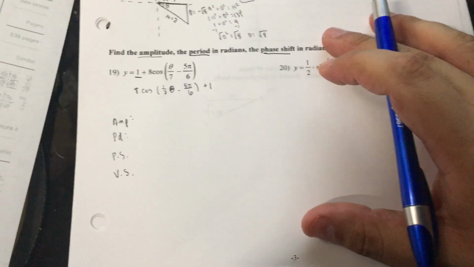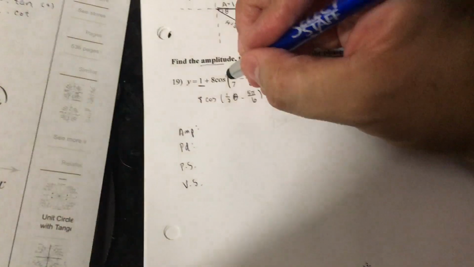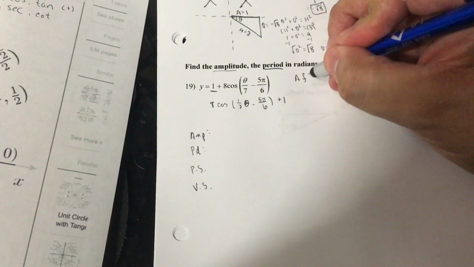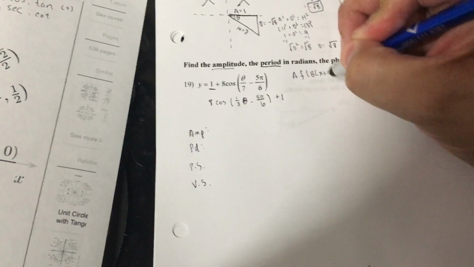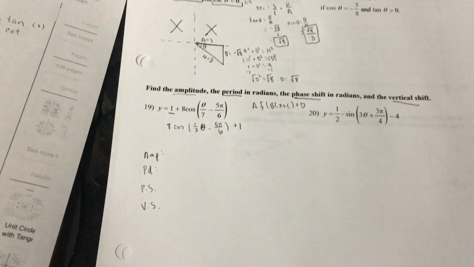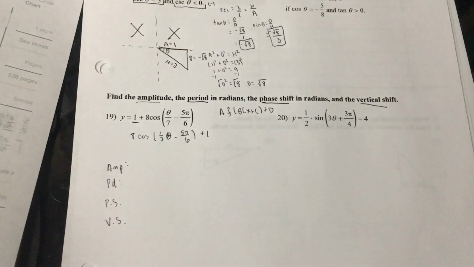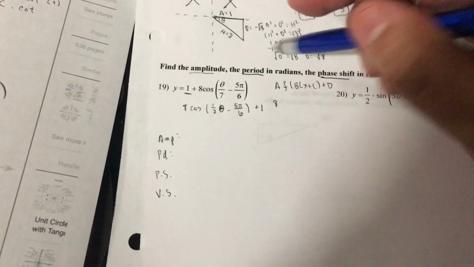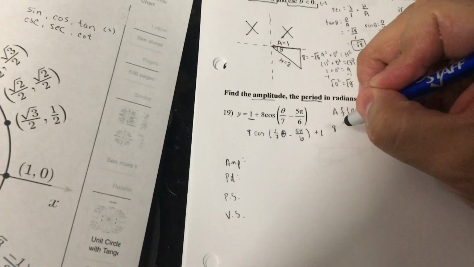Okay. So when I'm looking at this, guys, remember that I can write this in this form: A f of b x plus c plus d. Okay. So remember, this first value here, my a value, is 8. Okay, I got it from right here. Here, guys, I'm just talking about the characteristics.